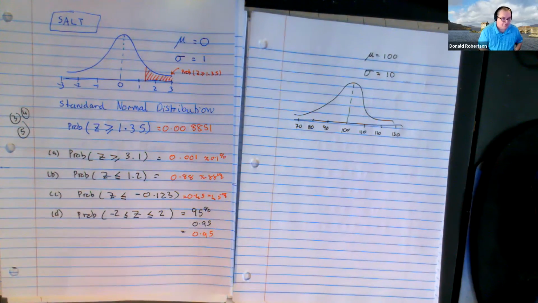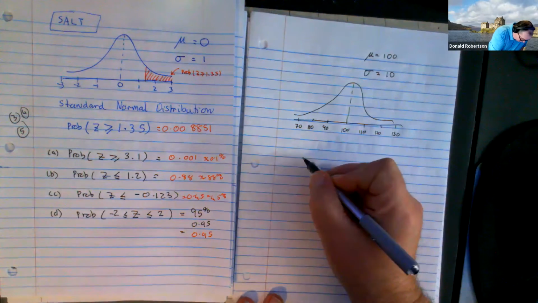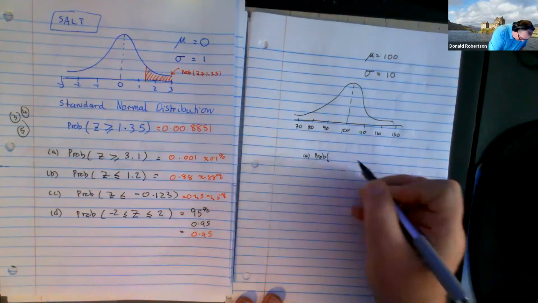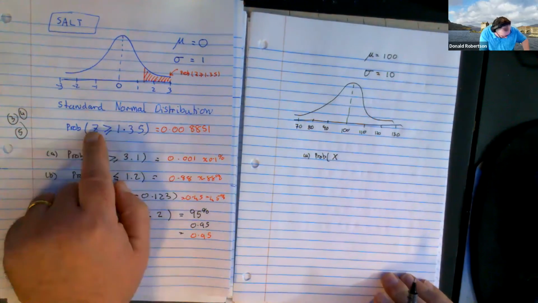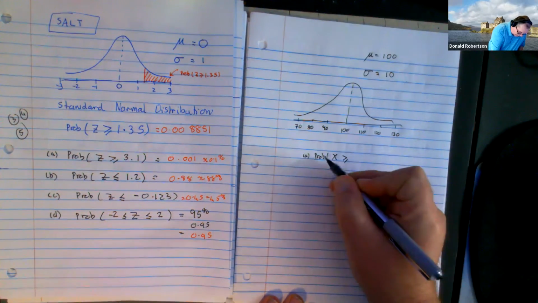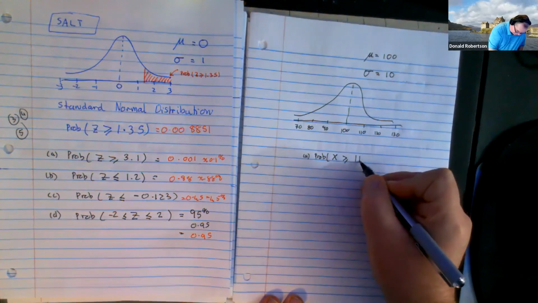You can be asked very similar questions and SALT will get the answer. You can ask, for instance, what's the probability that you pick someone in the population at random? And when it's a Z-score, we call these numbers Zs, but when it's any other data, we just call it X. So what's the probability that you get someone's IQ and it's greater than 110?